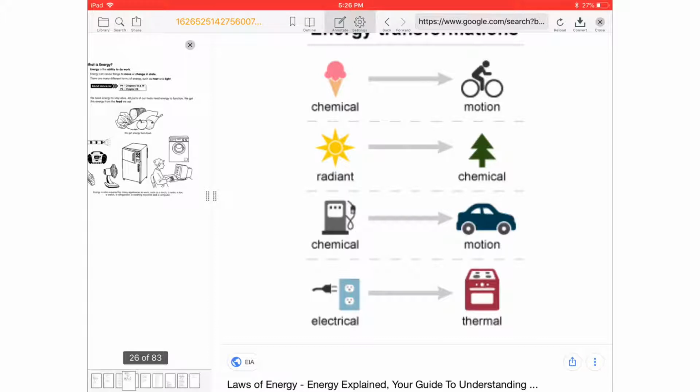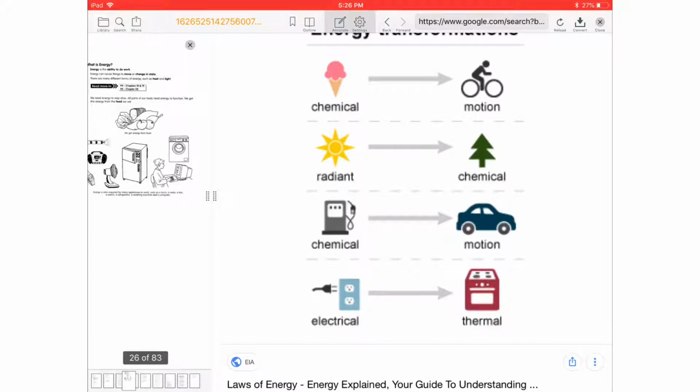Kinetic. Okay, this is light energy converted to the plant's chemical potential. This process is called photosynthesis. Can you see the conversion? Light energy converted to chemical. Why is it chemical? Because the plant is food.